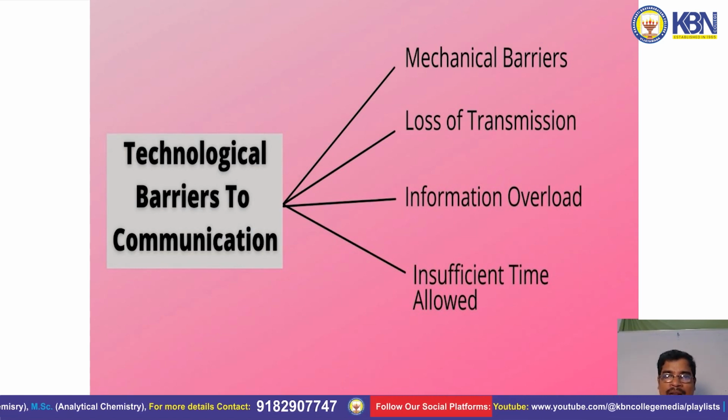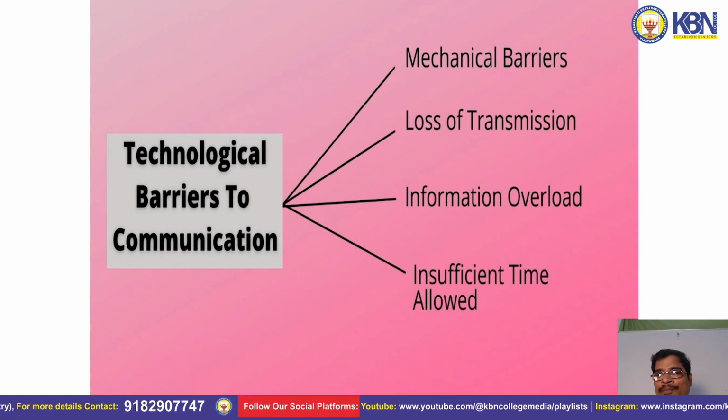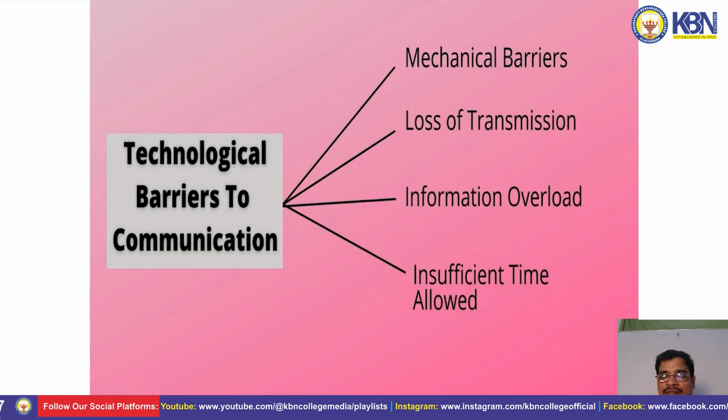And loss of transmission, information overload. Sometimes, for hours and hours or days and days, some people keep on telling something. Overloaded information is given to a group of audience. At that point of time, those audience may not take the complete information into their minds.